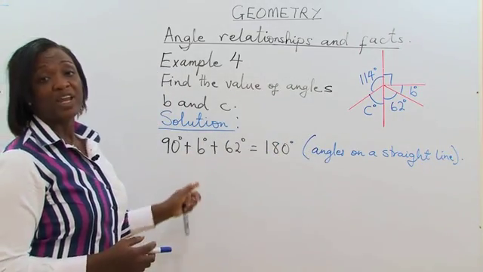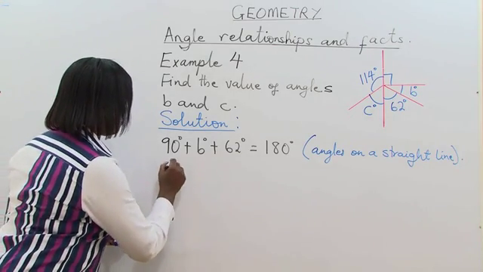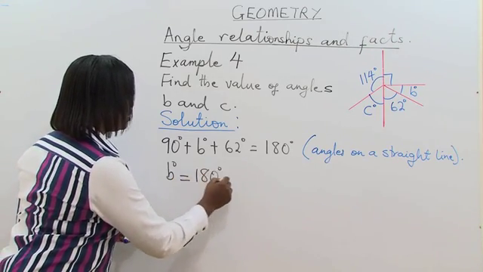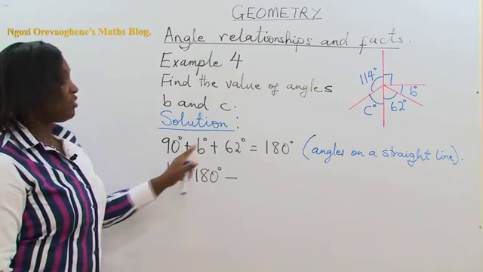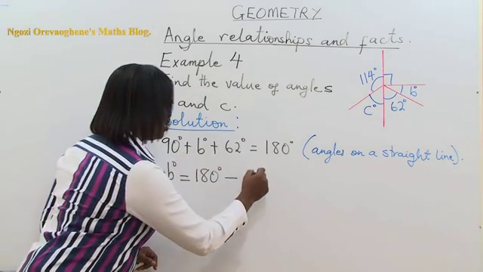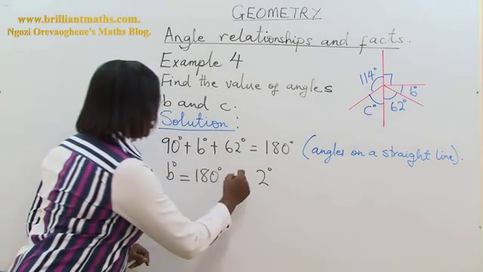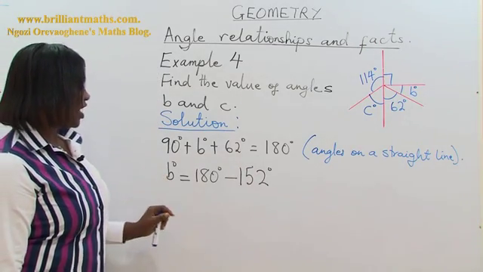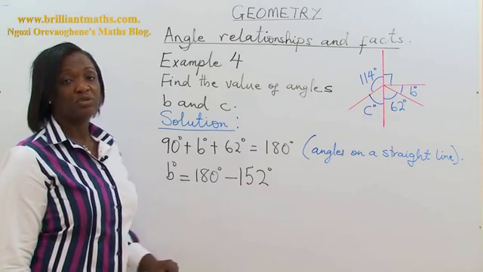From this, we can easily calculate the value of angle B. B is equal to 180 degrees, take away the sum of 90 and 62. 0 plus 2 is a 2, and 6 plus 9 is 15. So, angle B is equal to 180 degrees minus 152 degrees.